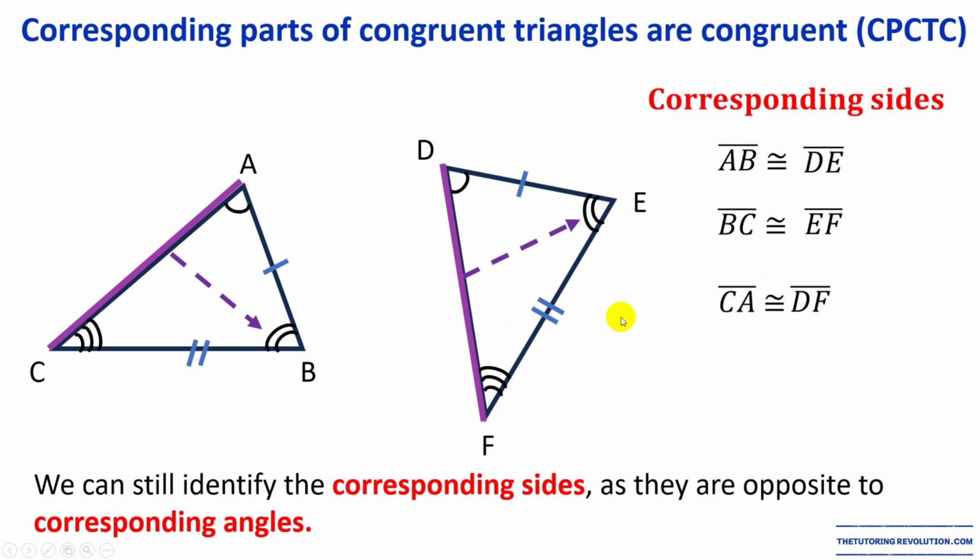So CA is corresponding with DF, and therefore they are congruent. So again, every time we need to identify congruent sides in 2 congruent triangles, we use the angles and the opposite sides to those angles as a reference. We're going to put 3 tick marks to show that this side and this side are congruent.